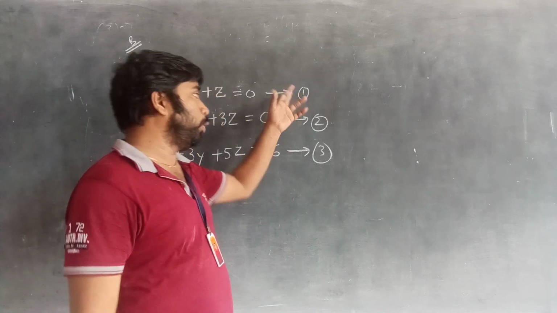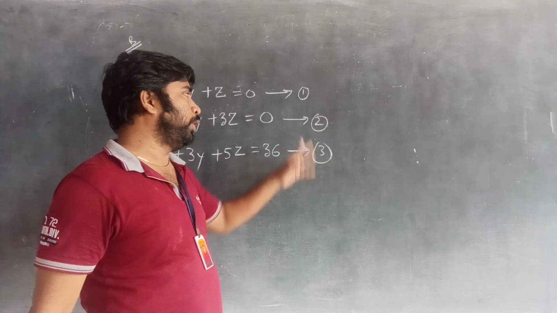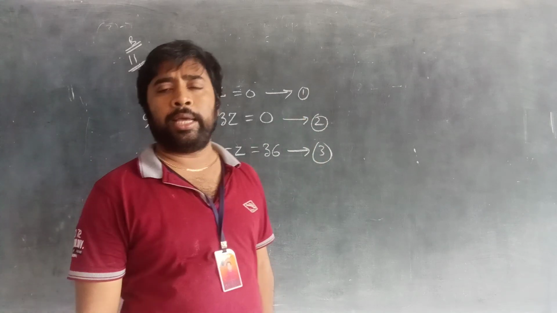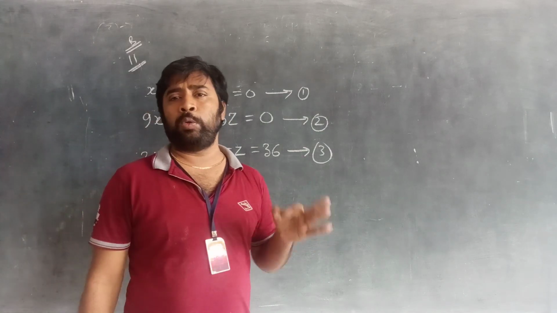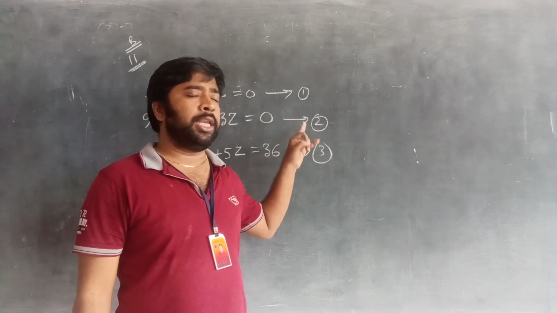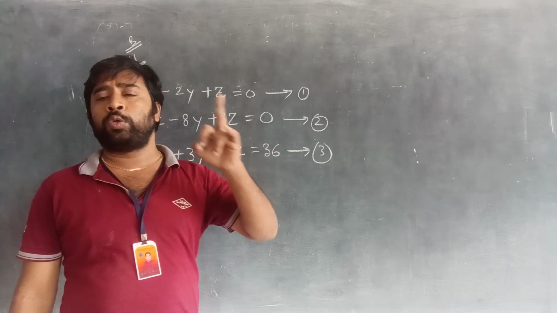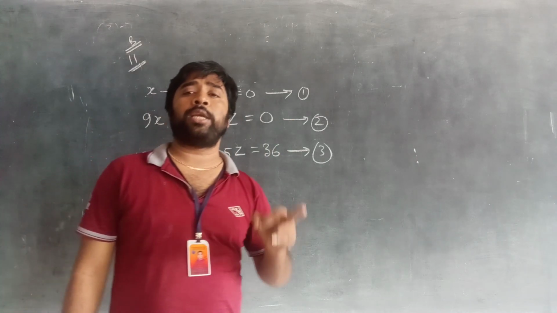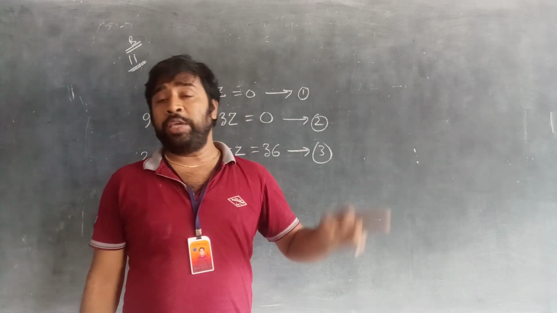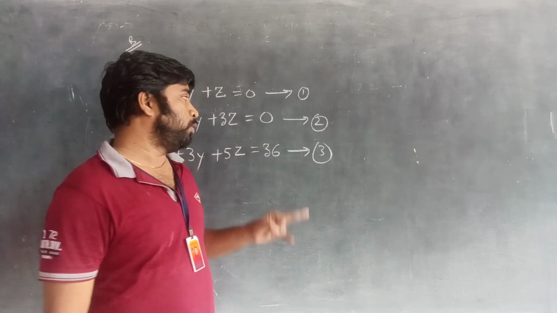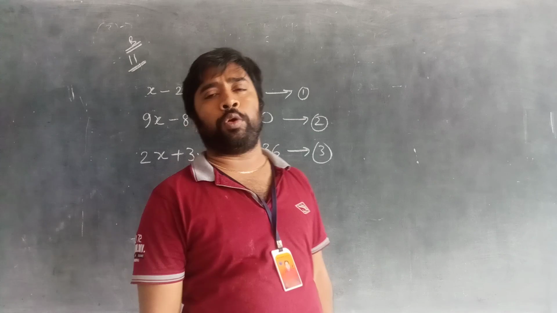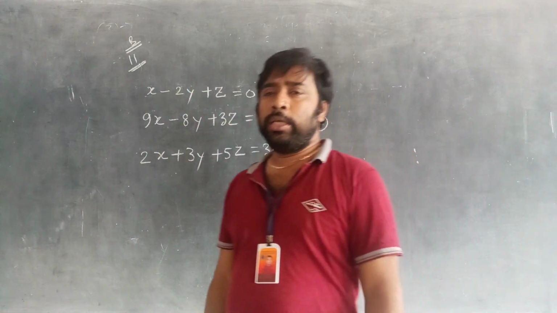It may be equation 1, 2, it may be equation 2, 3, it may be equation 1, 3. Clear? Again I am repeating, you have to keep in mind that any two of the three equations should contain the constant part equal to 0. If it is not 0, we shall make it 0. It is not necessary that the first equations will contain the constant part 0.